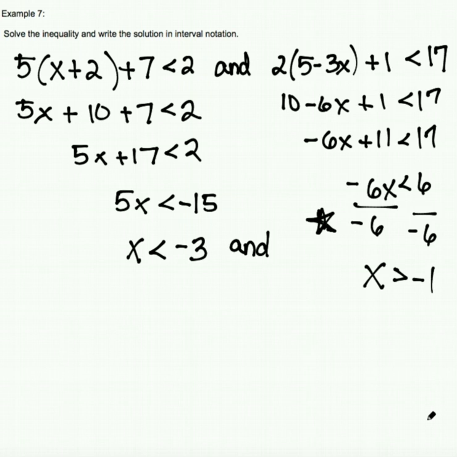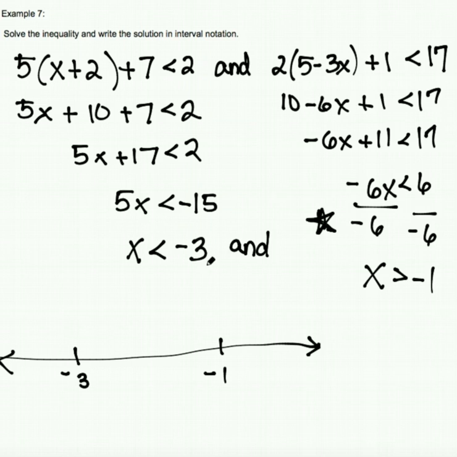Now, I know I flew through that one. It's very similar to one we did previously, but I wanted to show you how this solution comes out. It's a little bit different. Remember, when we're doing an "and" problem, we want to find the overlap. Here's my negative 3, and here's my negative 1.